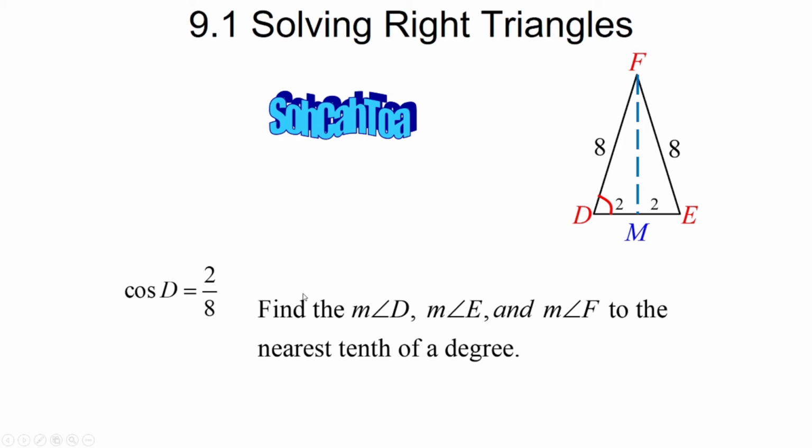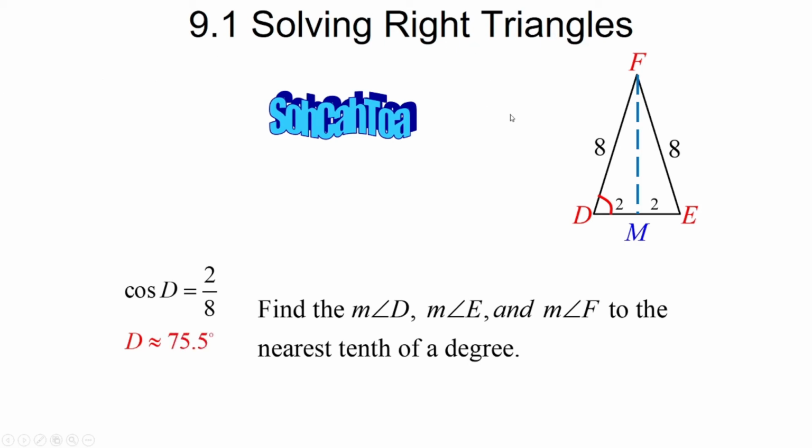And now we've got to solve for D. Okay, so angle D is approximately, so to undo this cosine, let's just do inverse cosine on both sides, and that's going to give us inverse cosine of 2 over 8. I just can't write that. I'm going to go 1 over 4. Okay? And to the nearest tenth, I'm getting 75.5 degrees.